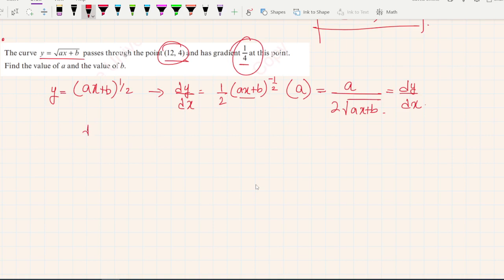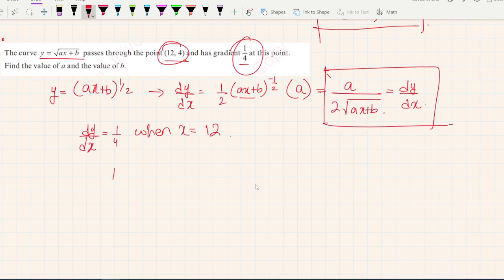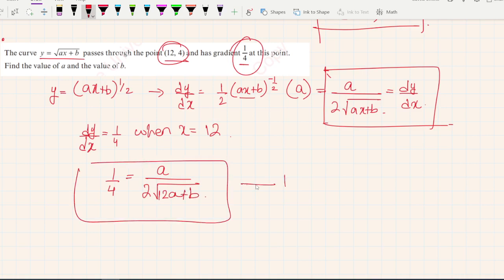So dy over dx is equal to 1 by 4 when x equals to 12, right? So if I plug in the value of x and dy by dx in this equation, I get 1 over 4 equals to a over 2 times root of 12a plus b. Let's call this equation 1.